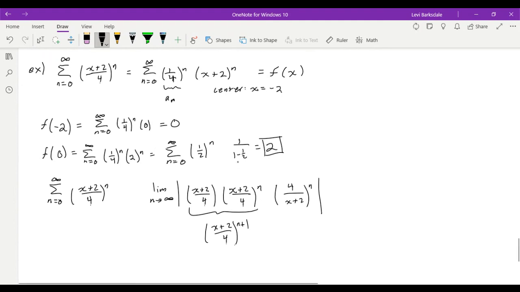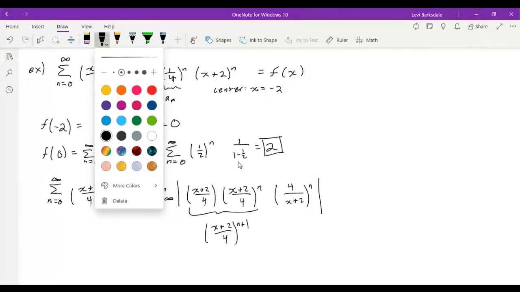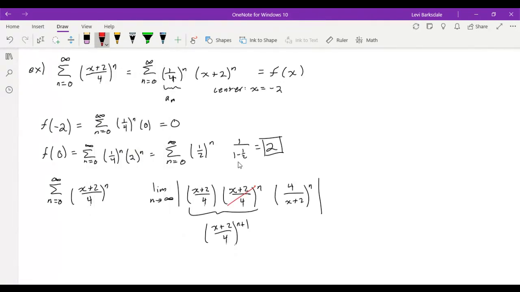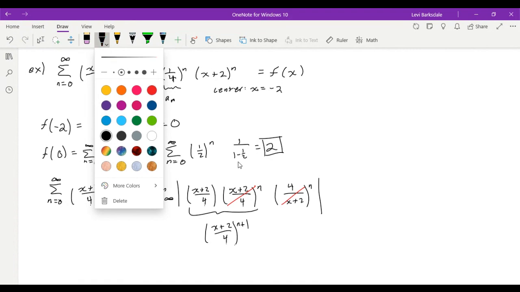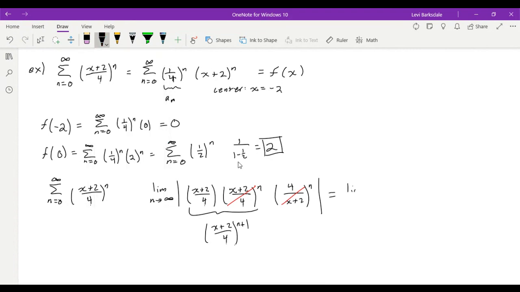And from here, I can clearly see that these things are going to cancel. And that gives me the limit as n approaches infinity of the absolute value of x plus 2 over 4. Because there aren't any n's in this, this actually just gives me the absolute value of x plus 2 over 4.